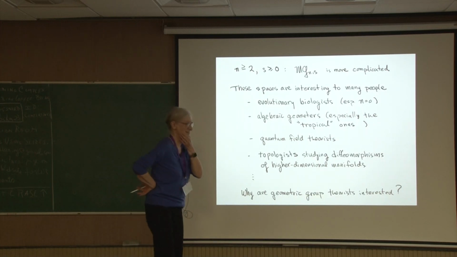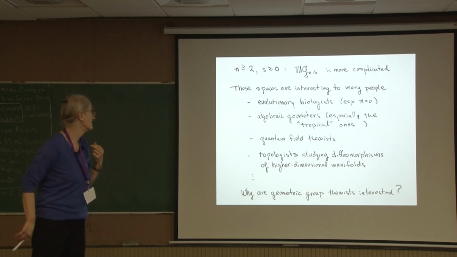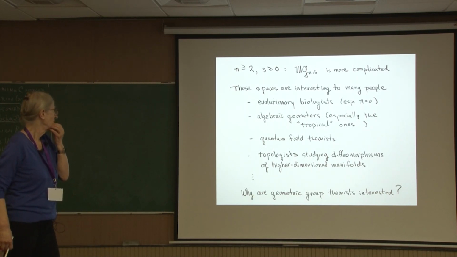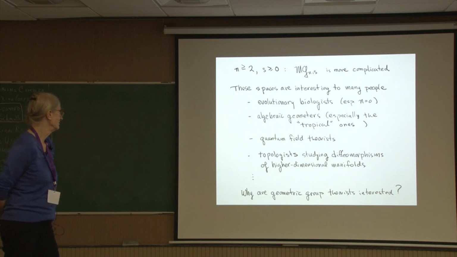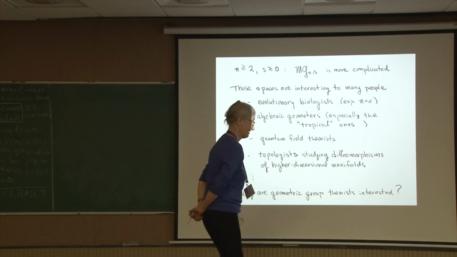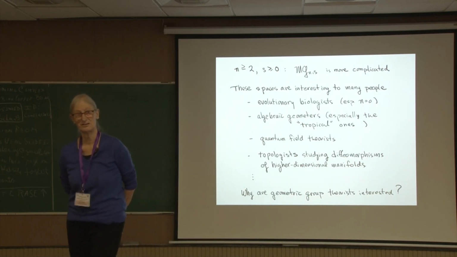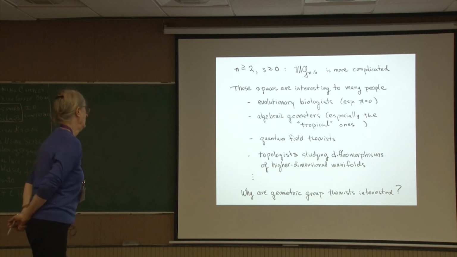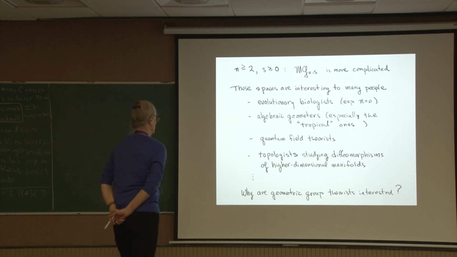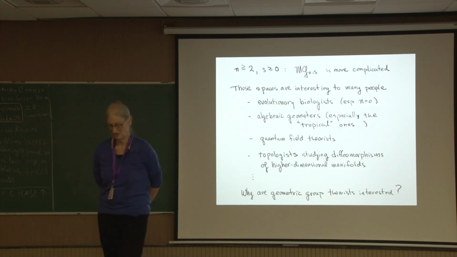Quantum field theorists like this space, especially if you have leaves, because it parameterizes Feynman integrals. If you want to compute the n-loop contribution to the amplitude of some scattering process, you integrate something over this space. And topologists studying diffeomorphisms of higher dimensional manifolds like this space.